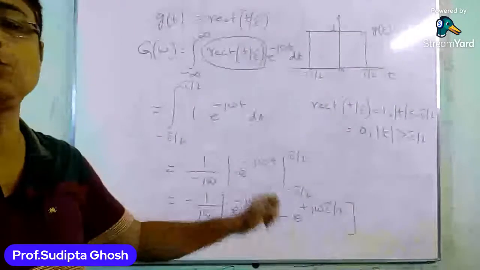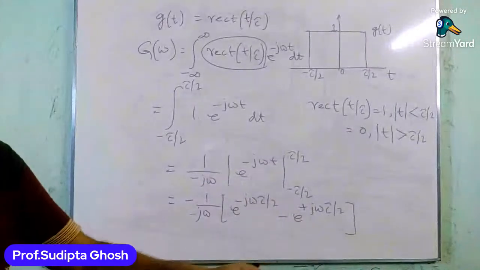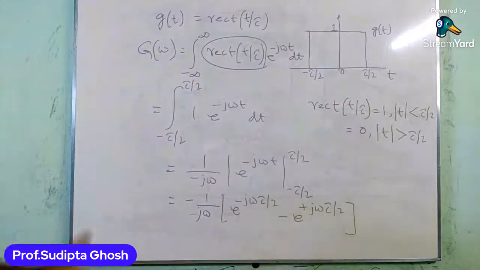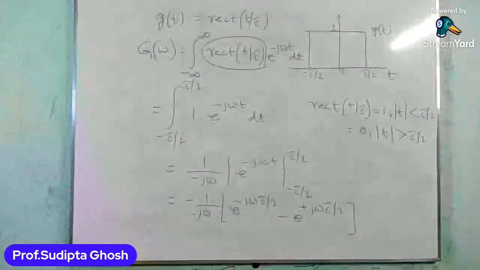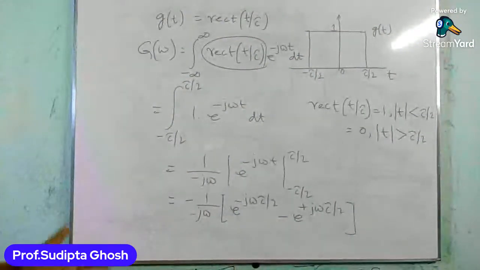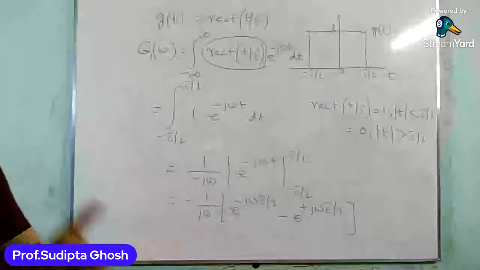So it will be e to the power jθ minus e to the power minus jθ, and that will give us cos θ plus j sin θ minus cos θ plus j sin θ, so we have twice j sin θ. Here θ means ωτ/2.